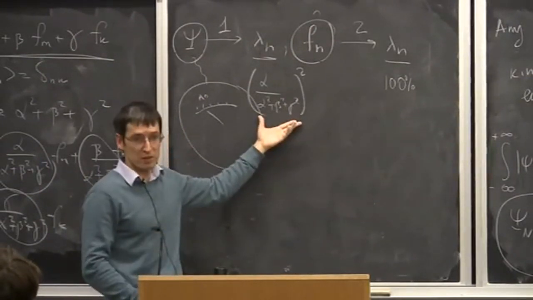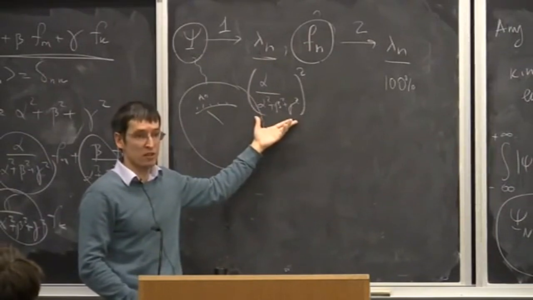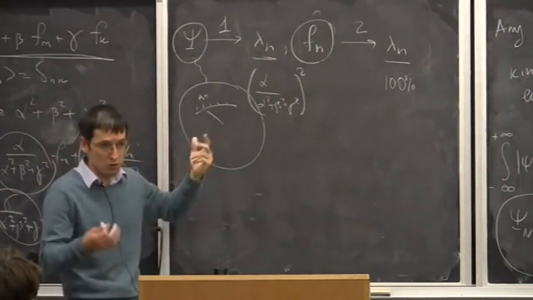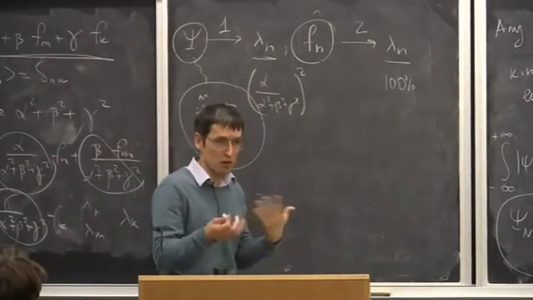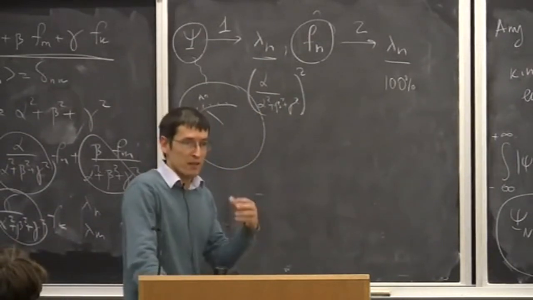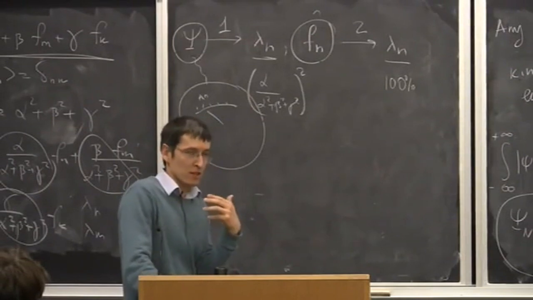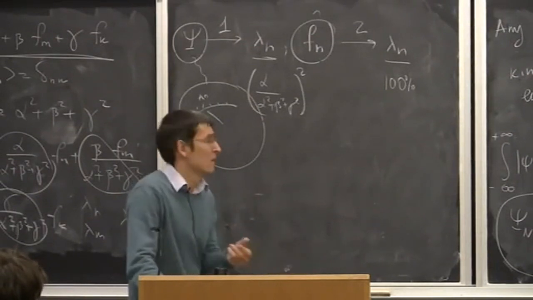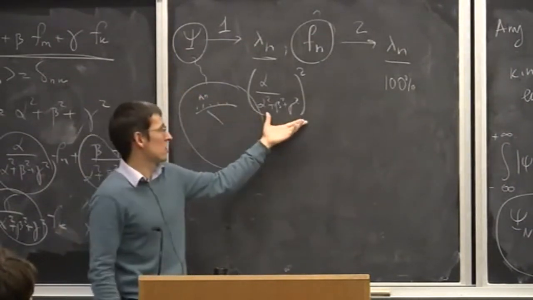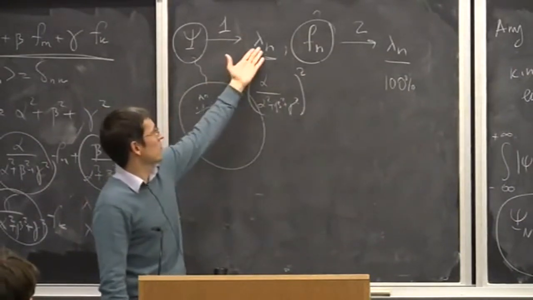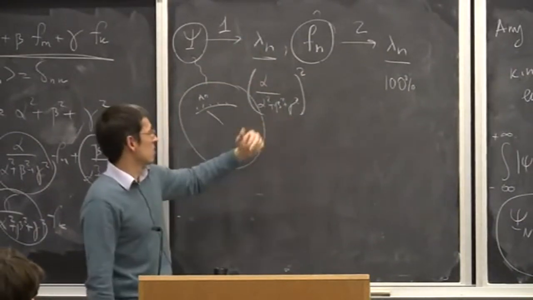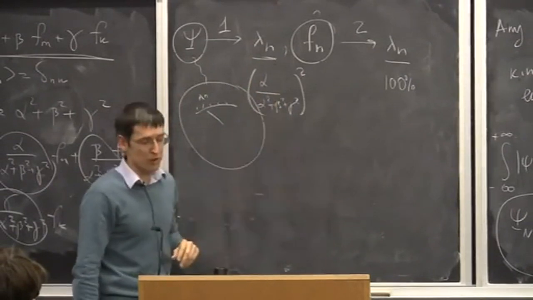This is the number that quantum mechanics predicts. How do I check that in an experiment? Who knows, maybe quantum mechanics is wrong. As always, if the theory is right, it should predict something, and it should also predict how to check that prediction. So how do we check that the probability of finding this particular value is correct if we write it this way?